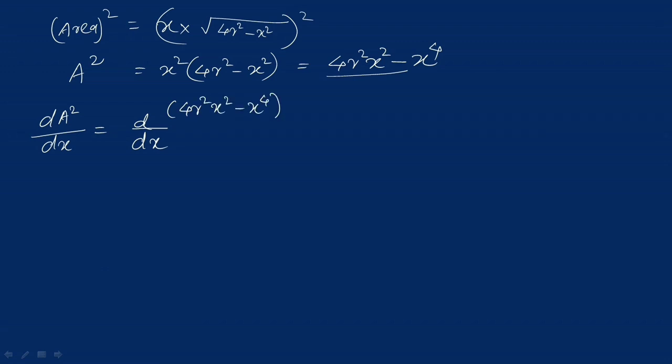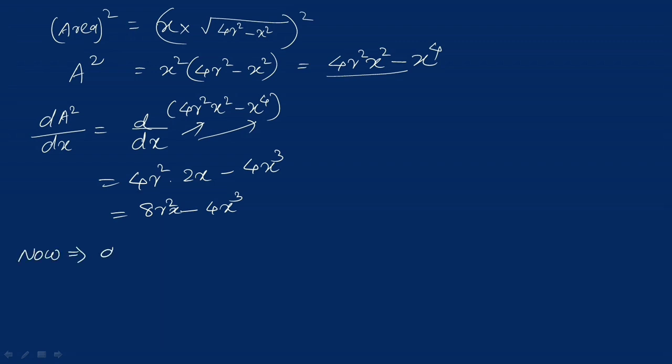So what is d A square by dx? That is d by dx of 4r square x square minus x raised to 4. d by dx of 4r square x square: 4r square is a constant, so 4r square into d by dx of x square, that is into 2x, minus d by dx of x raised to 4, that is 4x cube. So we have 4r square into 2x minus 4x cube, that is 8r square x minus 4x cube. Now what is d square A square by dx square?